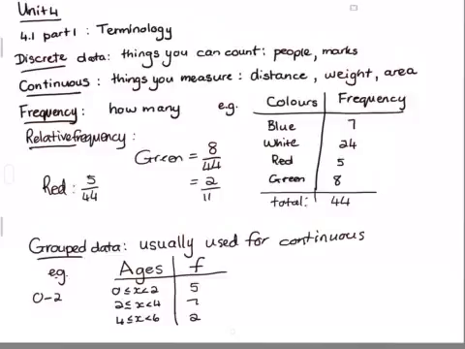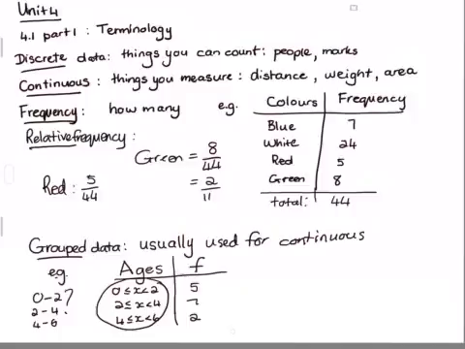The reason why we write it in this way is so that if a child is on the boundary line, the 2 or the 4, etc., I know exactly in which group to write it. You can see if I wrote 0 to 2, 2 to 4, 4 to 6, then I wouldn't know where to put the 2-year-old and the 4-year-old. So it's better to write it like this.